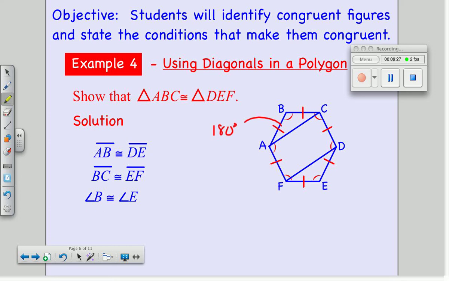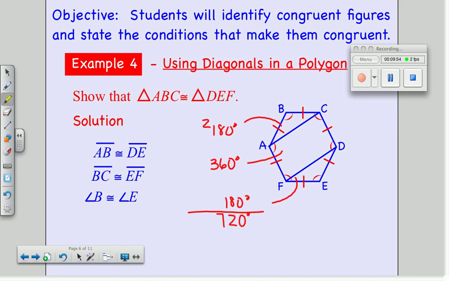Here I have another triangle, that's another 180 degrees. And I have a rectangle. How much is a rectangle? Everyone should know 90, 90, 90, 90, 360 degrees. Add them all together. So hexagons are 720 degrees.